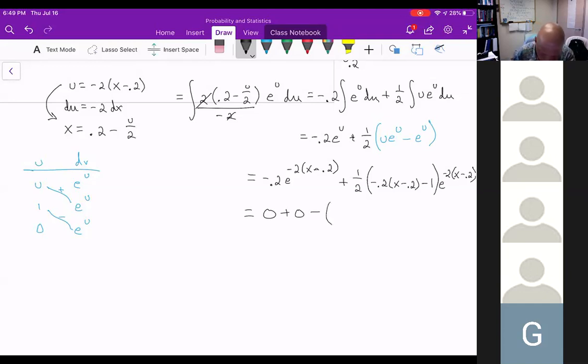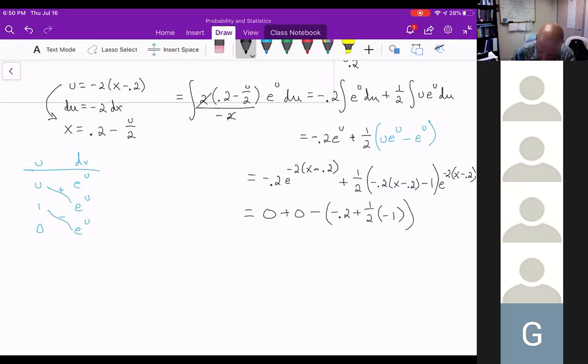Minus, when I now evaluate this at 0.2, I see that the power of the exponentials is going to be 0. So it's going to be e to the 0, which is 1. So we've got negative 0.2 plus 1/2 times the x minus 0.2, which is going to be 0, minus 1. This gives us the -1, and then e to 0 is 1.